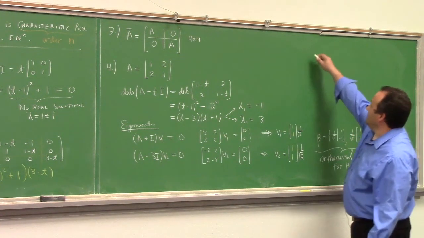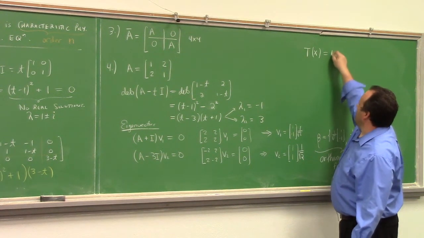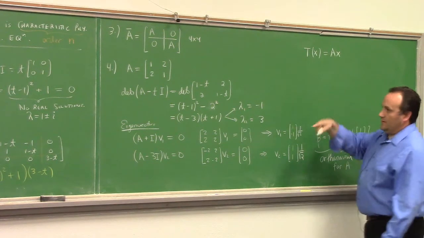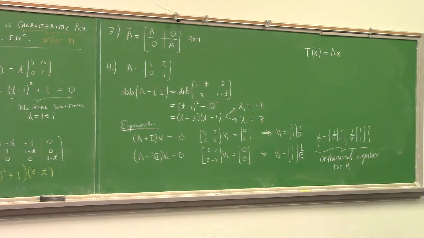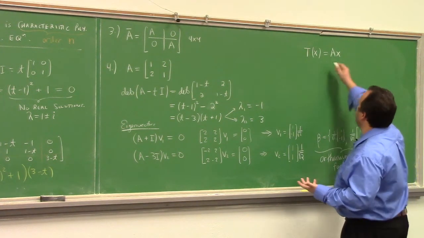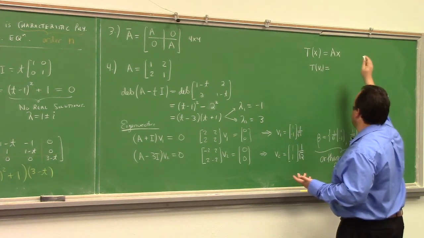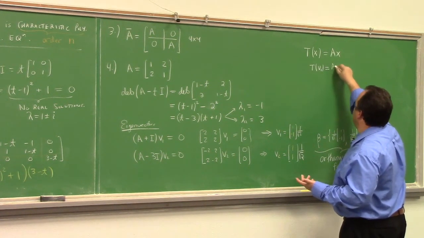So some really cool stuff. If we have T of x equals Ax, continuing number 4, suppose we have a linear transformation T such that A is the matrix of T. What does the matrix of T look like in the beta basis? So T of V1 equals what? AV1.